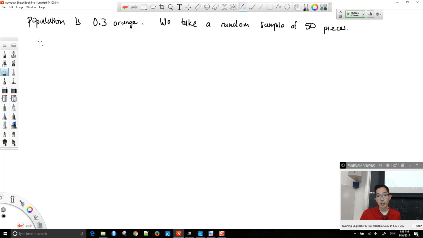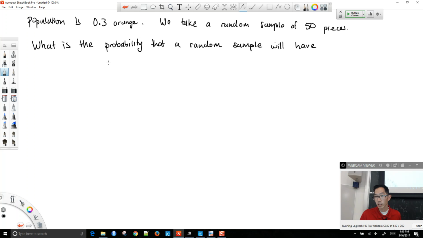Okay, and the question is, what is the probability that a random sample will have a p hat that is greater than 0.4? Okay, and so let me put up some answer choices here.